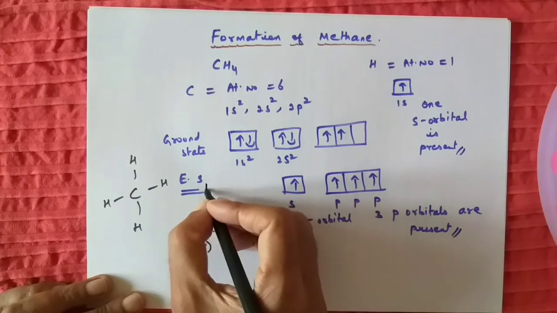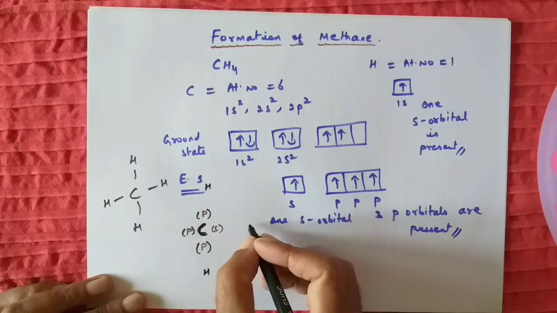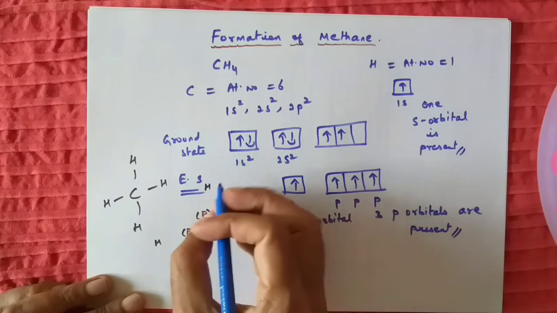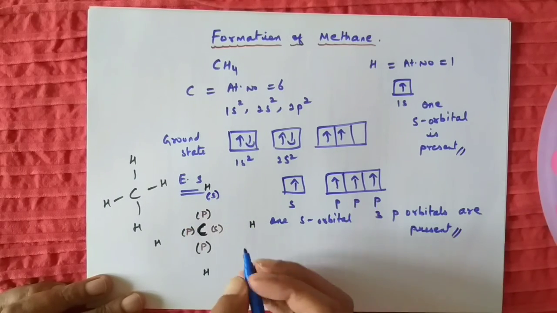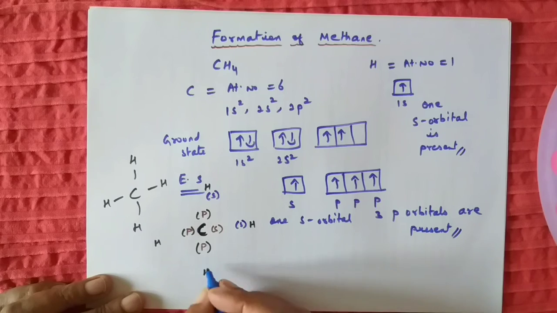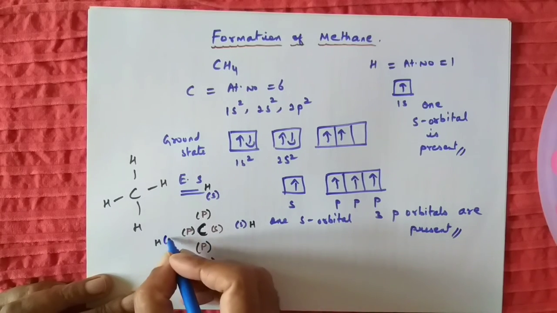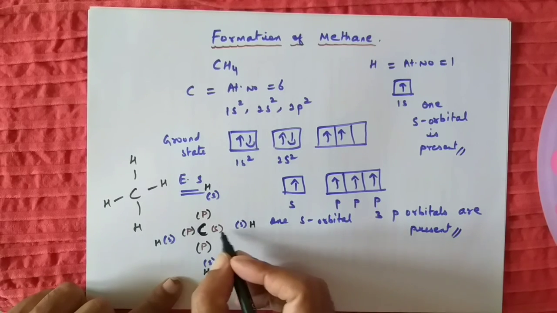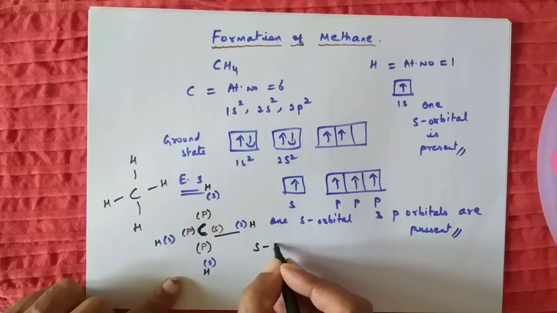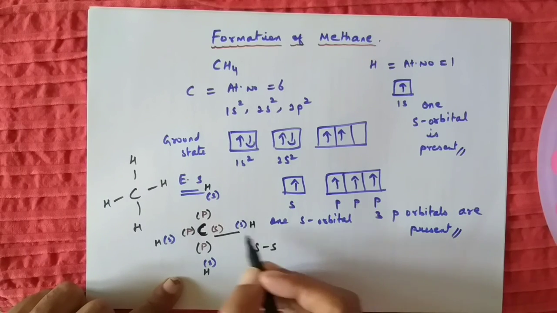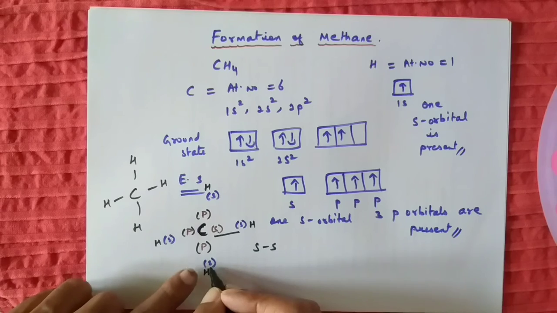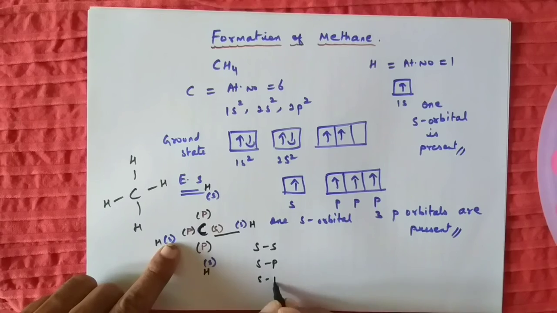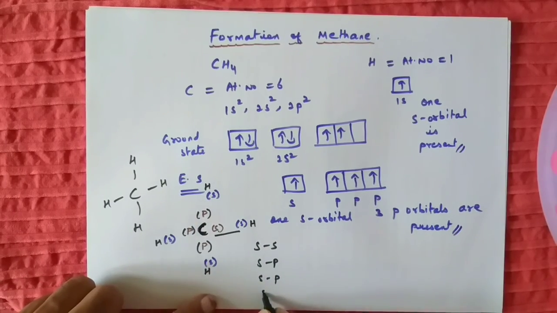When I take the hydrogens, there are 4 hydrogens in case of methane, and each hydrogen will have one s orbital. So how does the bond form? In one bond the overlapping is taking place between s and s. In the other cases, the overlapping is between s and p.